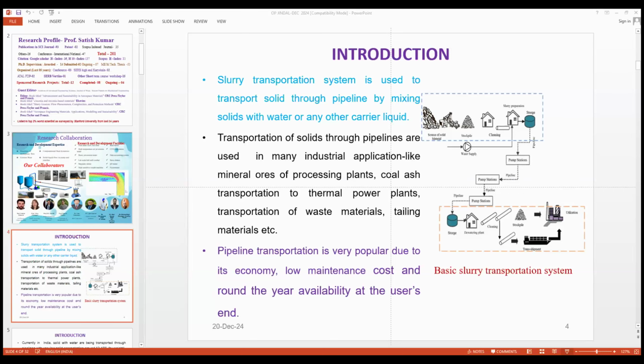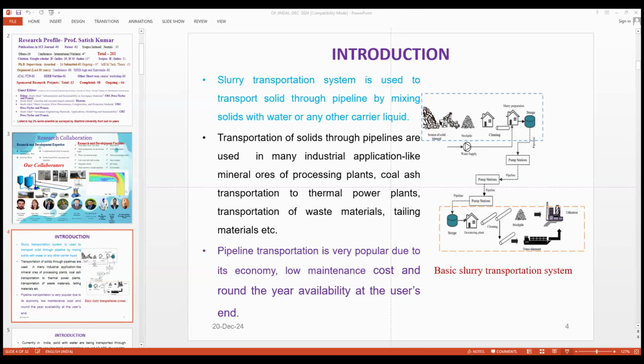Currently in the thermal power plant they are transporting the ash as a very lean mixture, with solid concentration up to 10 to 15%, and research needs to improve the solid concentration of the transportation system.